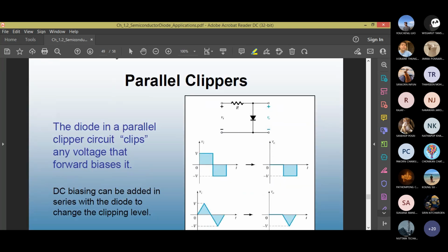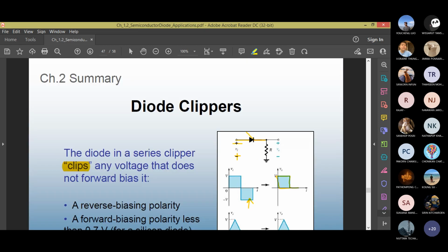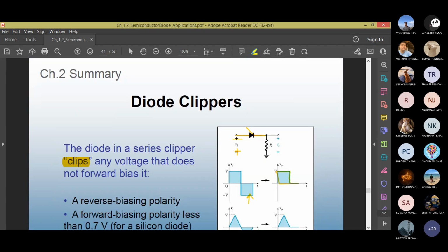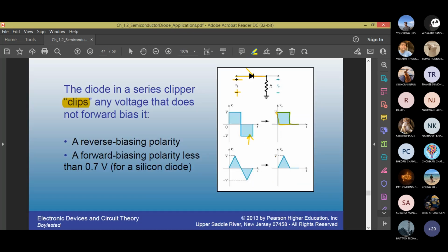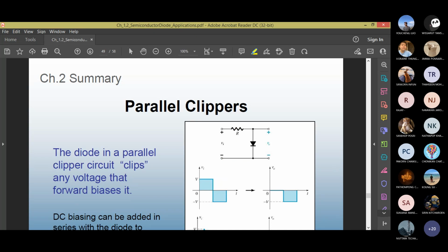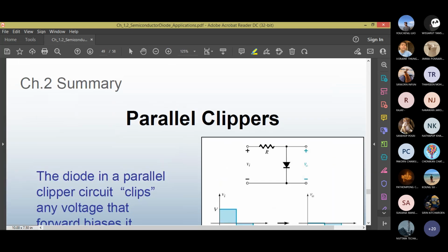Now we have a parallel clipper. See the difference between series and parallel. Series clipper, after the input you have a diode, then you have the resistor or load. For parallel clipper, you have an input, you have a resistor, and the diode is connected in parallel with the output voltage.